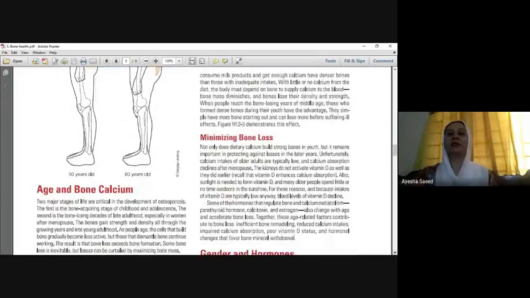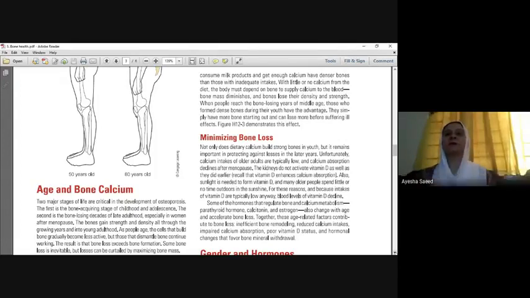With little or no calcium from the diet, the body must depend on bone to supply calcium to the blood. Bone mass diminishes and bones lose their density and strength. When people reach the bone losing years of middle age, those who formed dense bones during their youth have the advantage, and others are at a disadvantage and they lose their bones easily.